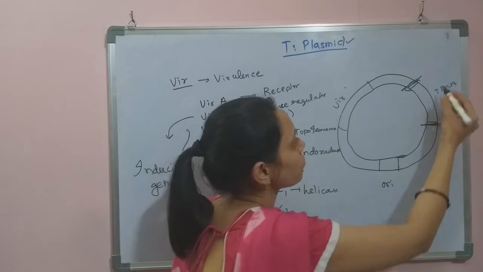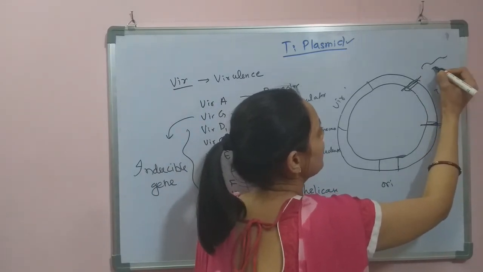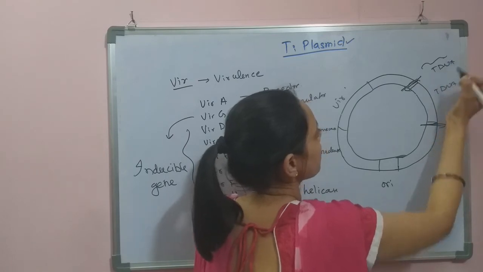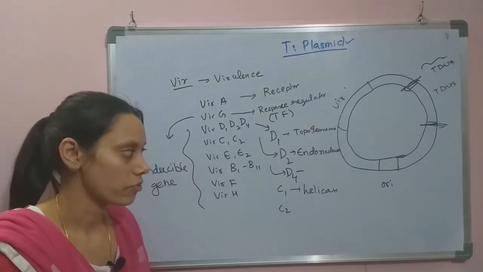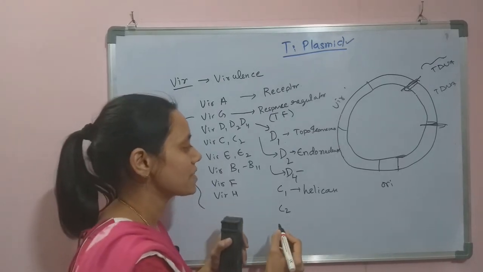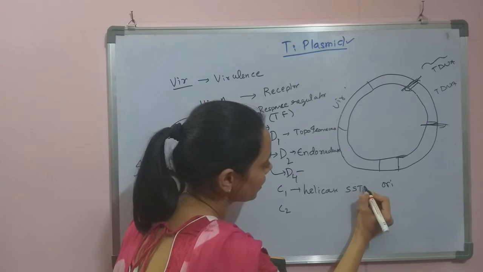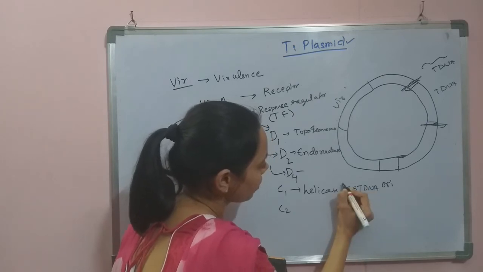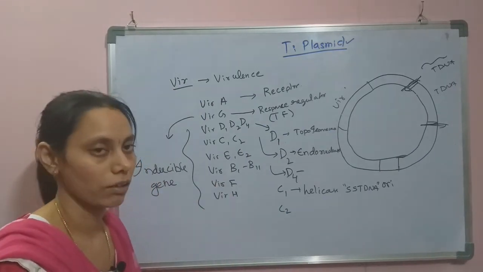That means once this cleavage has happened, the T-DNA needs to be separated in the single-stranded form. So it will come out in the single-stranded form. So further, this single-stranded T-DNA will be formed due to the product of the C1 gene.